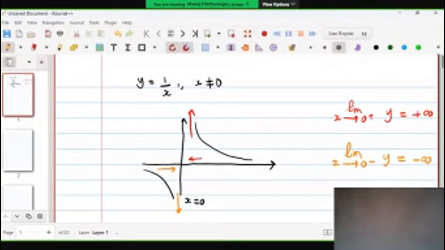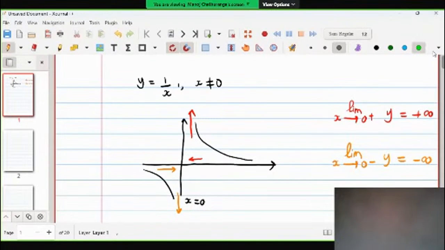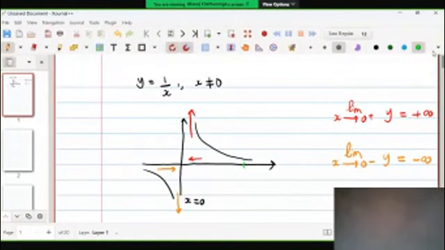And let's see what happens for very large x values. Let's take some large x value, let's say something here, and see what happens beyond this point.